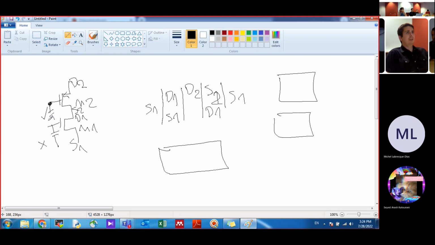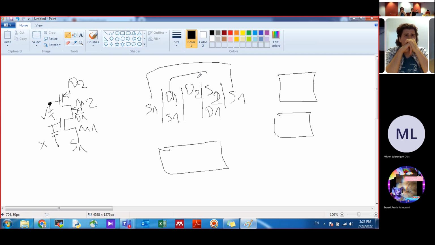In that configuration, how would you place your wires to account for the three places you get to connect? Like in here, how would you place your wires? This one is D1, this one D2.